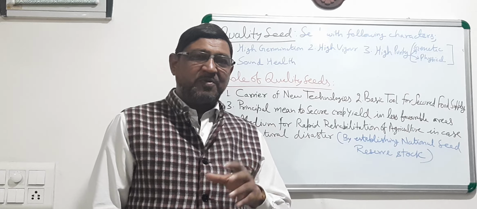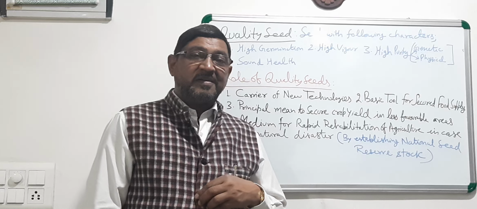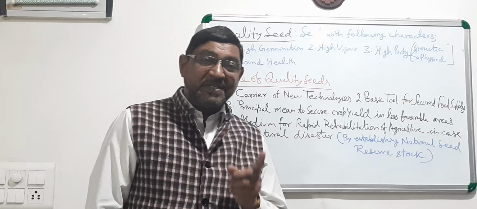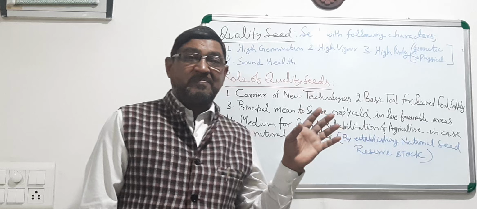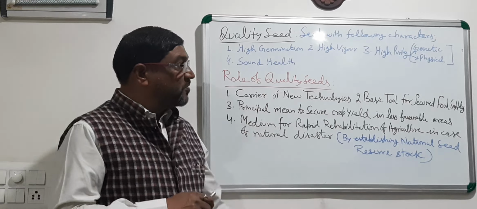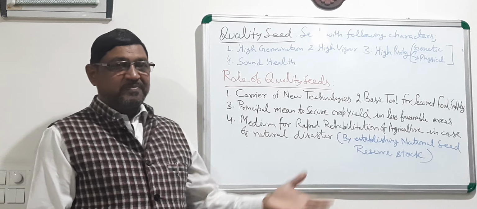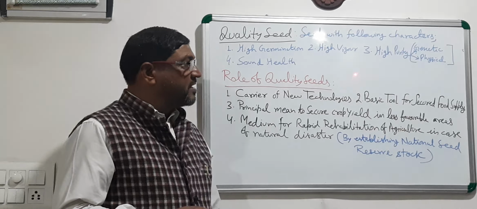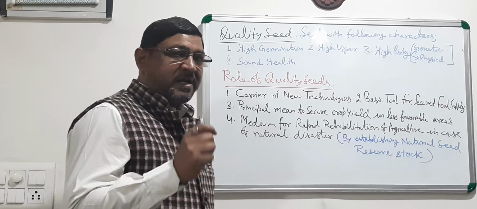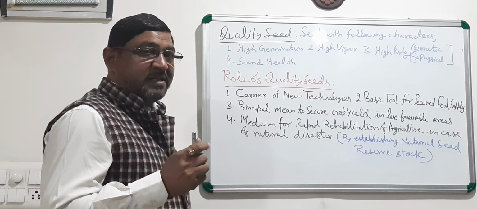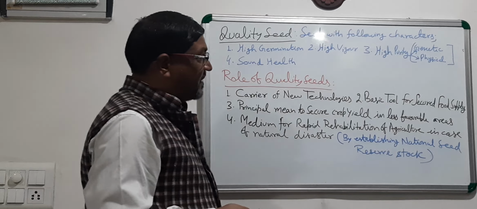This is the genetic purity of the seed. That is the genetic purity that has to be tested and reported, that is, what the purity of the seed lot is. So it must have high genetic purity, otherwise it will be rejected as quality seed.